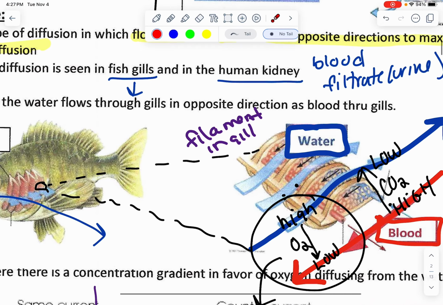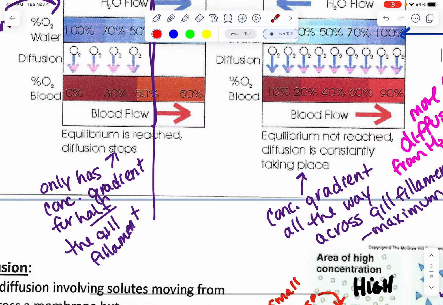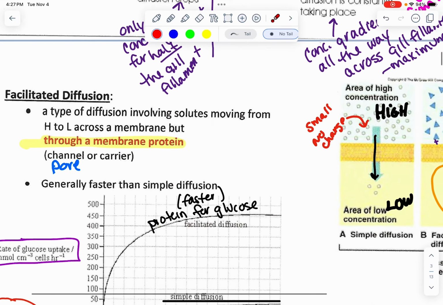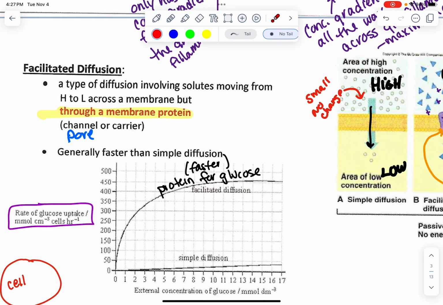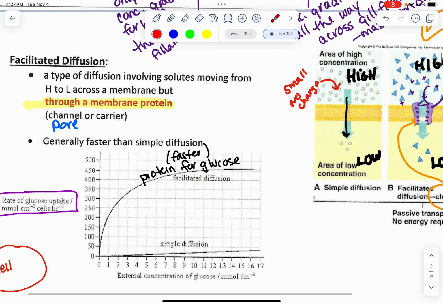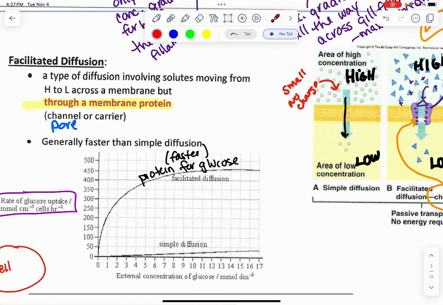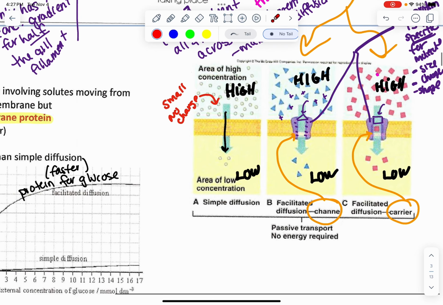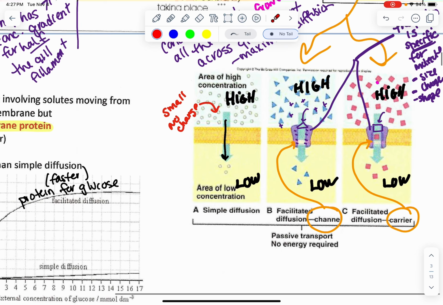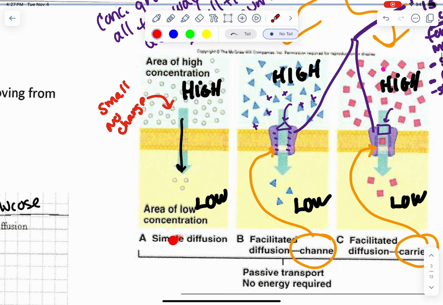And I think that is where I wanted to end this, because I have another video that now starts here at facilitated diffusion, which is diffusion through a protein. So diffusion is high to low. I would call this simple diffusion, high concentration to low, going just through the phospholipid bilayer by itself.